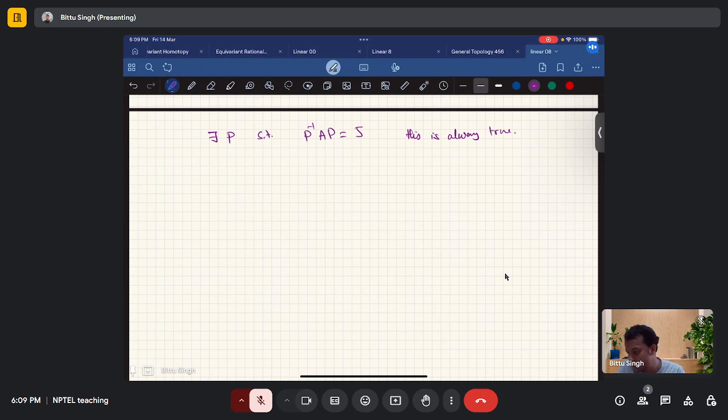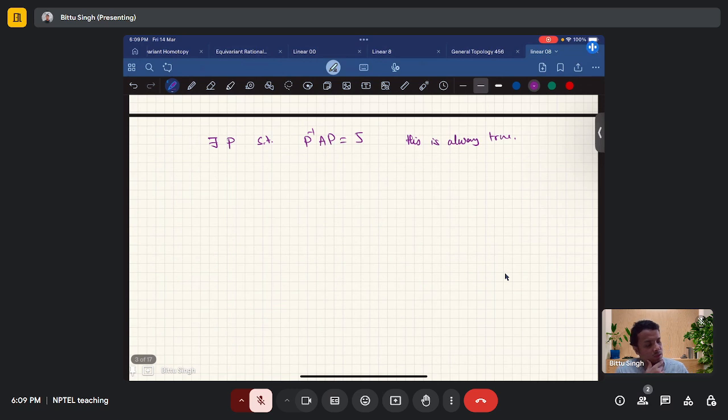Otherwise this is not true. So for every given matrix A, there exists some P such that it takes the form of a Jordan matrix.